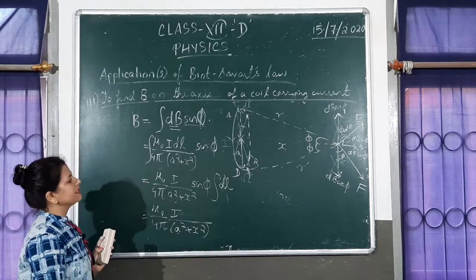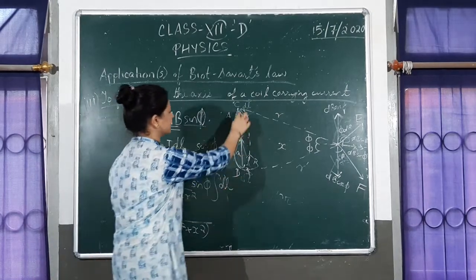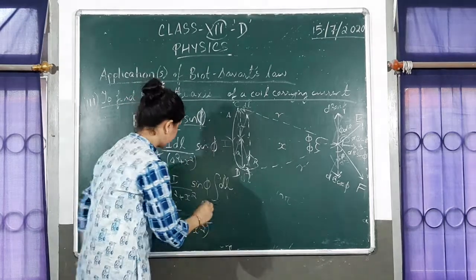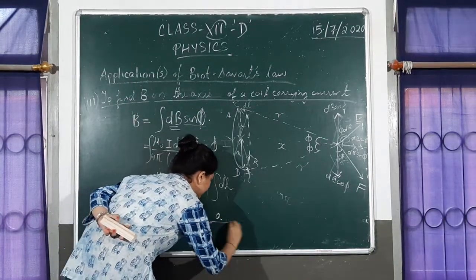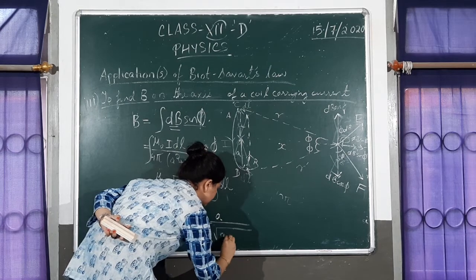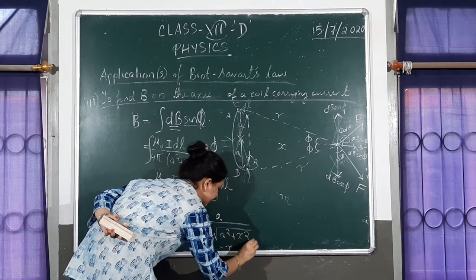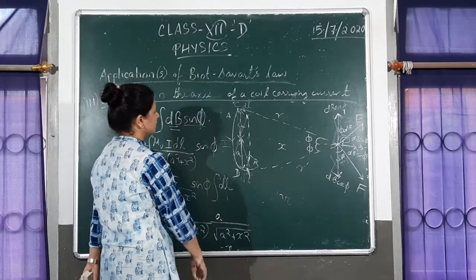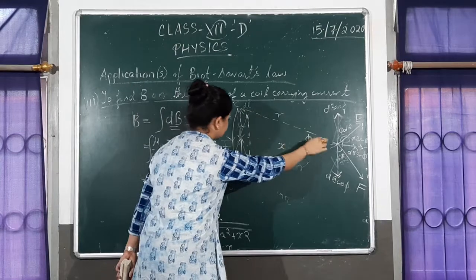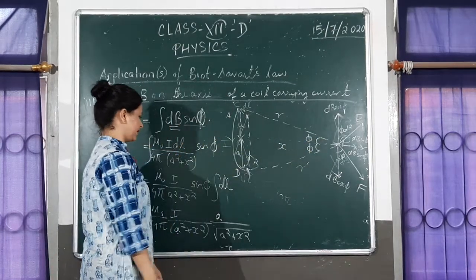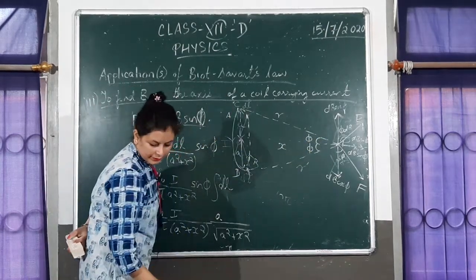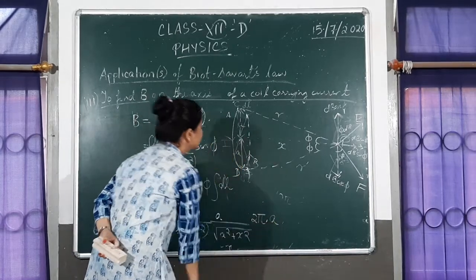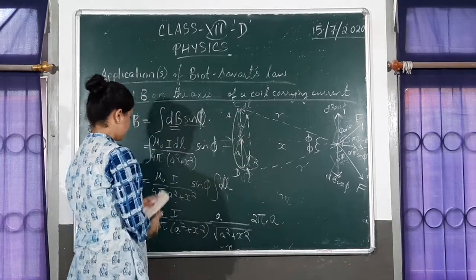Now sin phi, if you take that triangle, any of the triangles, this one, sin phi will be equal to a, that is the perpendicular, by under root a square plus x square, using the formula sin theta is equal to perpendicular by hypotenuse. The perpendicular is a and the hypotenuse is r, that is nothing but under root a square plus x square. Integration dl will be equal to 2 pi into a. Here my radius is a.